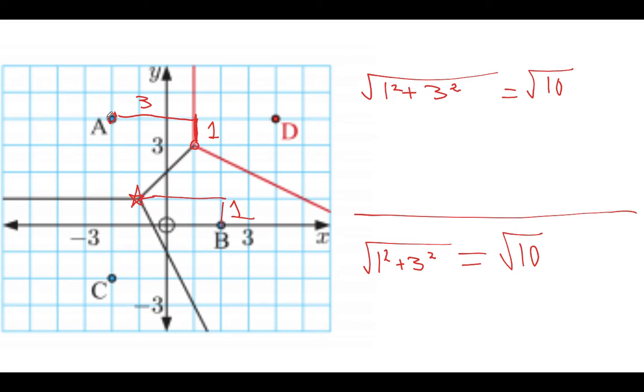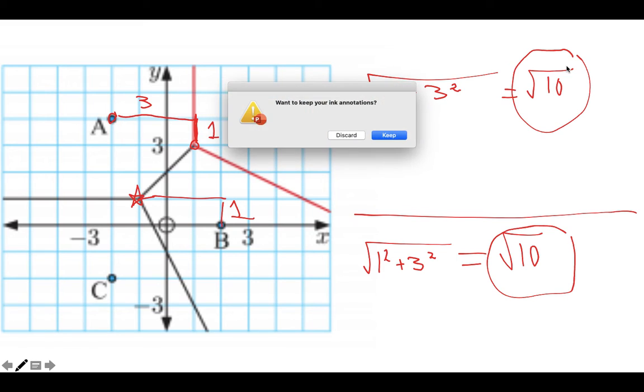So star is equidistant from A, C and B, and it's exactly the same distance that this vertex is from A, D and B. But in the exam you might get one of these answers being bigger, and this will be called the largest empty circle, or the largest distance.